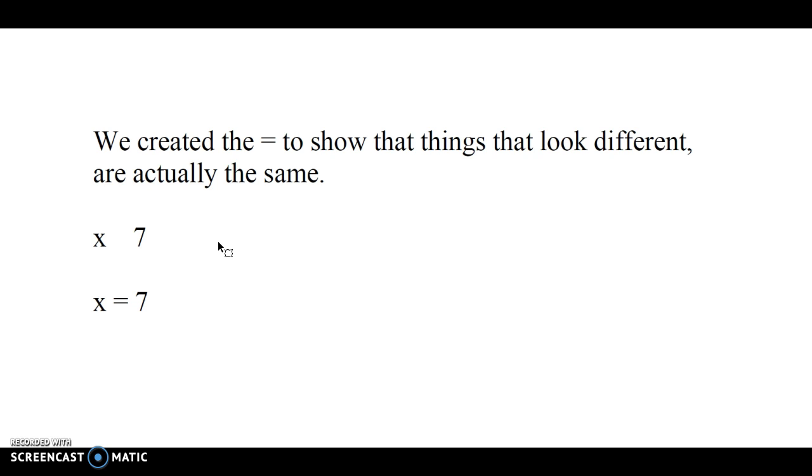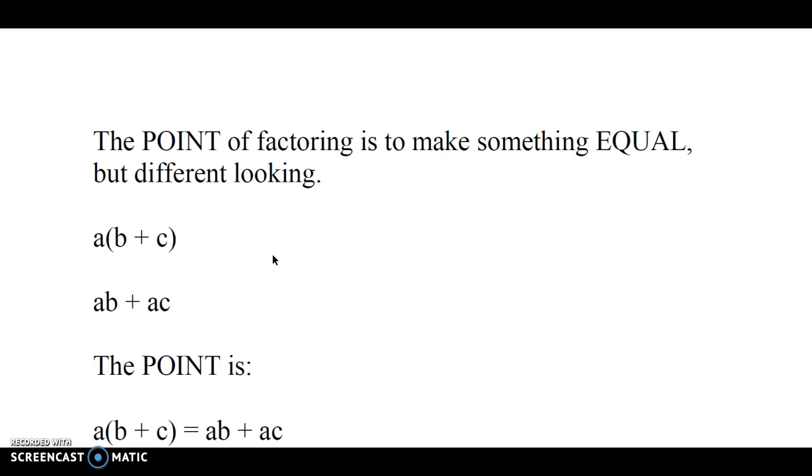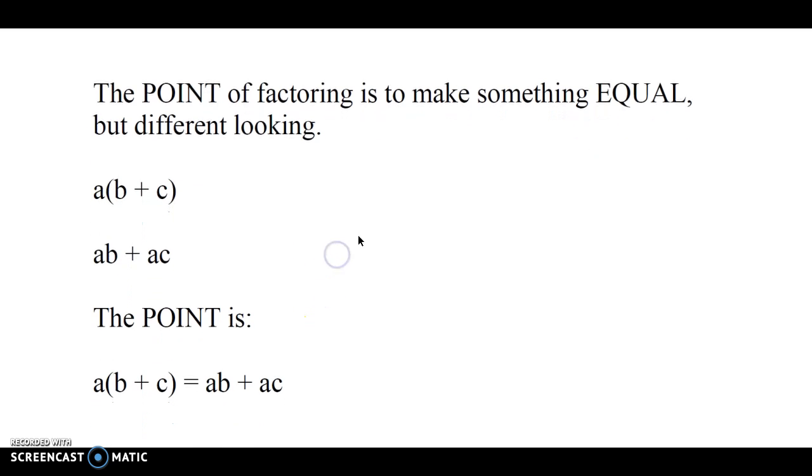So now we get into all of these other areas of math that are really fundamentally based on the topic of equivalence. Now, factoring is also one of those areas that's highly based in equivalence. The point of factoring, right, here we go, is to make something equal but different looking. And obviously the reverse of factoring is distribution, and we go back and forth.